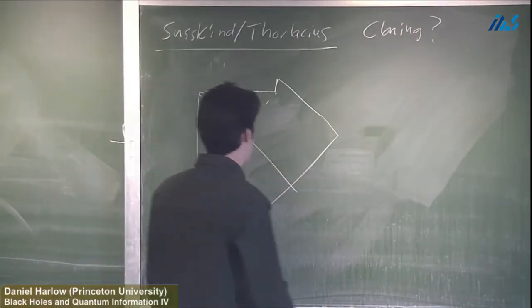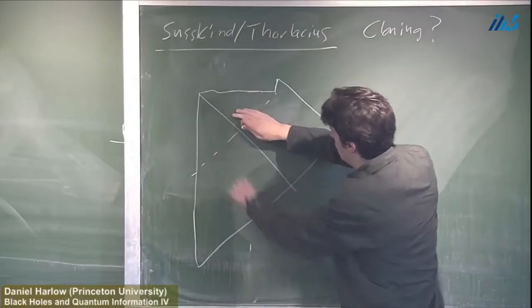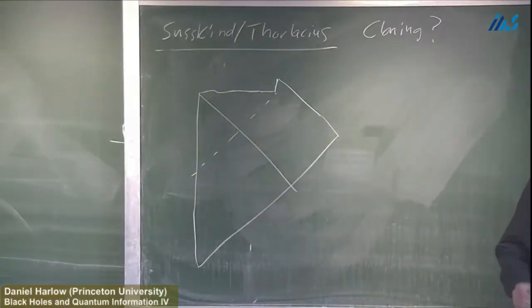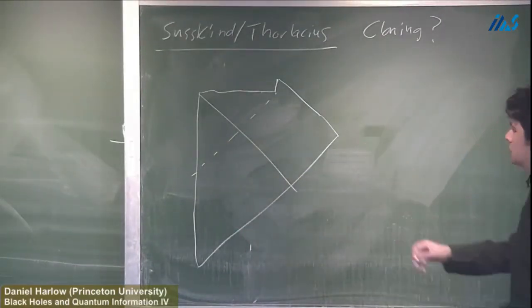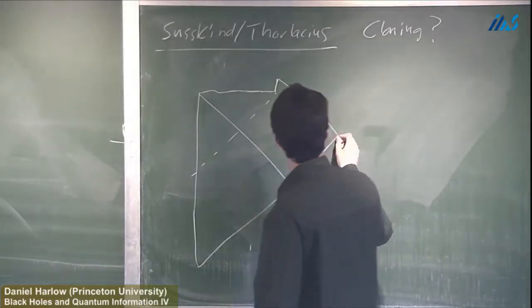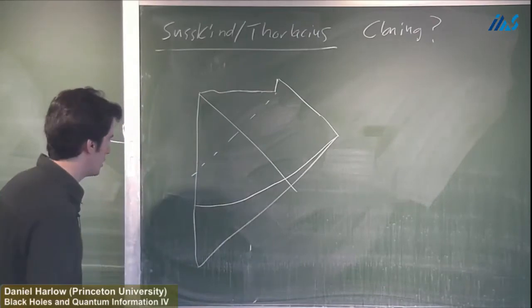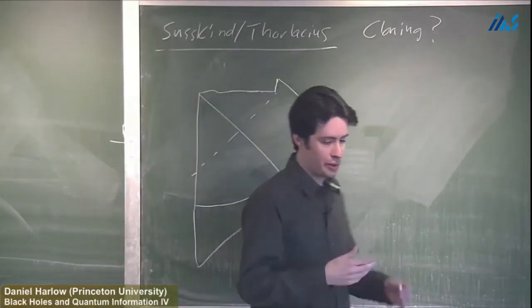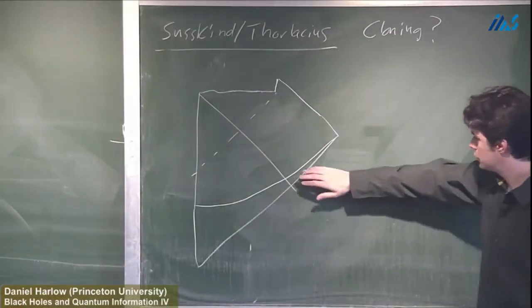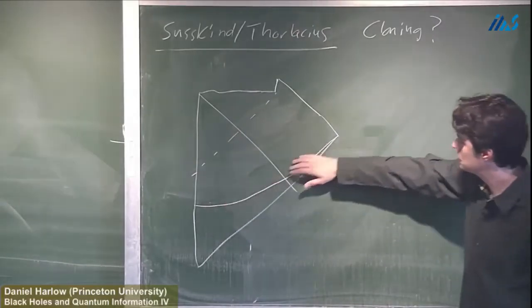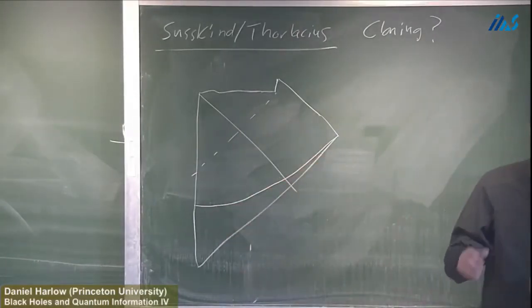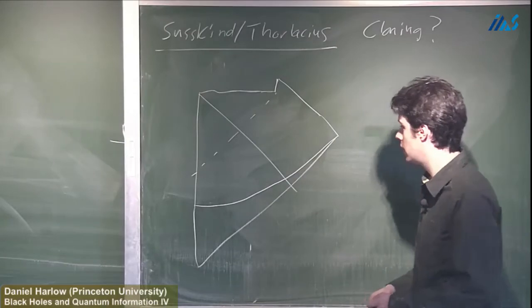To describe what's going on back here, what's the first thing you would try? I think you'd say you can imagine some spatial slices here, and at least in perturbation theory, we should be able to talk about degrees of freedom on the slices as long as we're careful to pick the right gauge and that kind of thing.